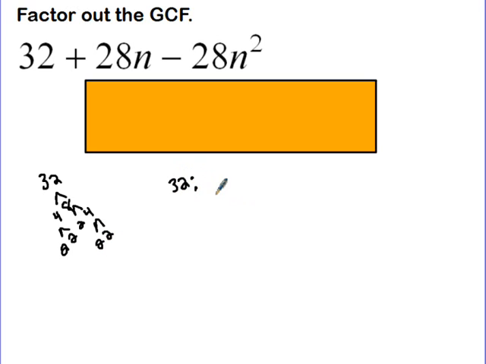Okay, I'm going to work this one out. So you broke down 32. It looks like I have 1, 2, 3, 4, 5 2's. So this would be 2 times 2 times 2 times 2 times 2. Alright, 28. Well, that's 4 times 7, and this 4 is 2 times 2.